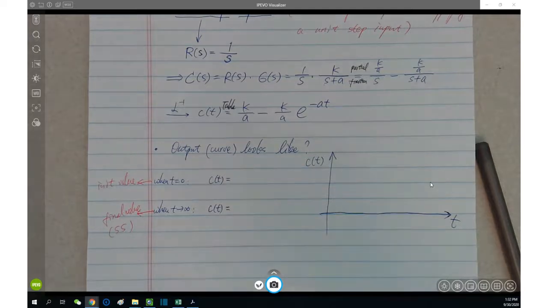The final value is fair too. This is a definition. In the future, we will very often mention the initial value and steady state value. The steady state value is c of t at t equals infinity.